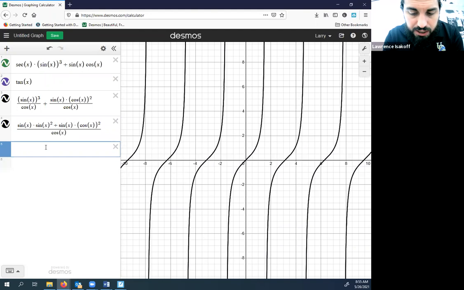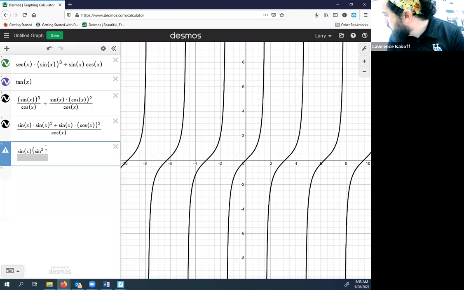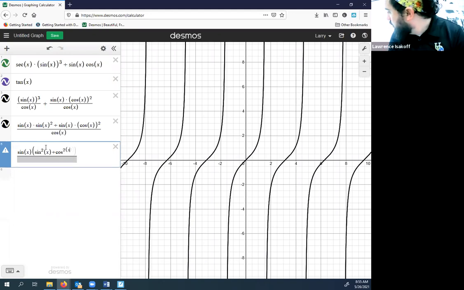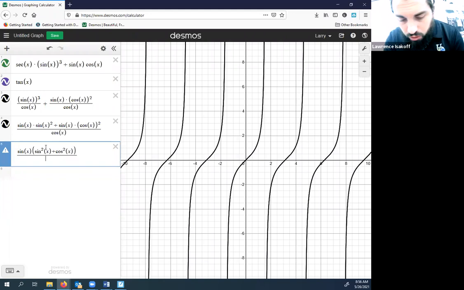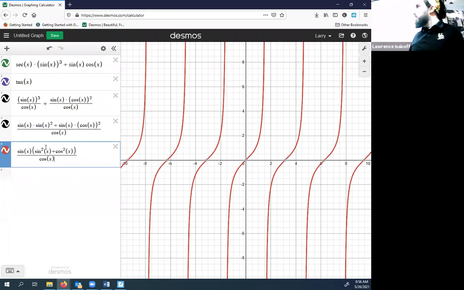So that's going to be one big fraction bar, sine of x times sine squared of x plus cosine squared of x, all over cosine of x. Still seems to be lining up.